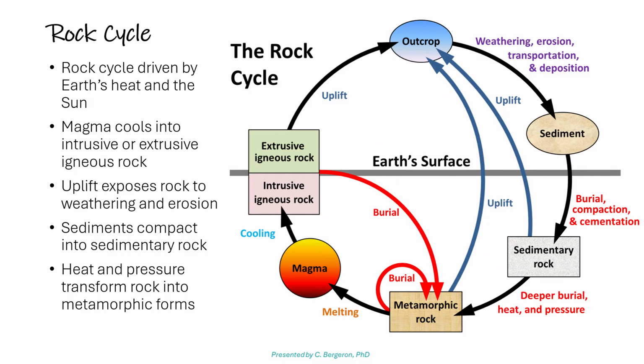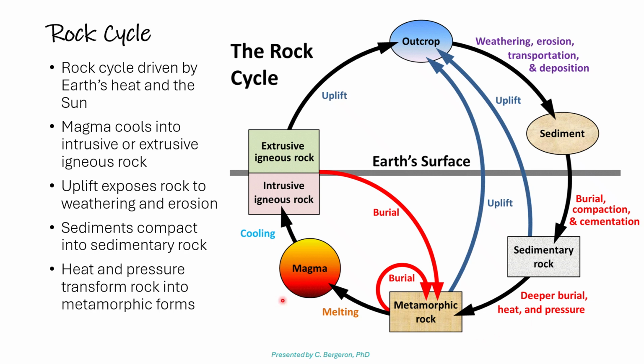And that was a significant finding because it indicated that the atmosphere had to at least be thick enough to move material. So that thickness of the atmosphere is a very important aspect of the rock cycle.